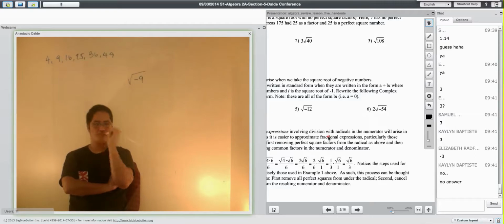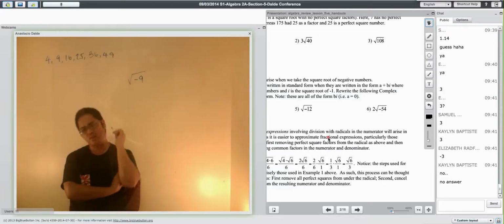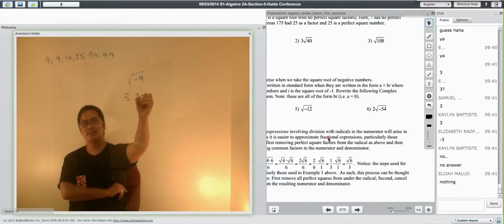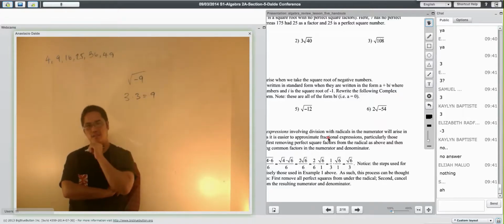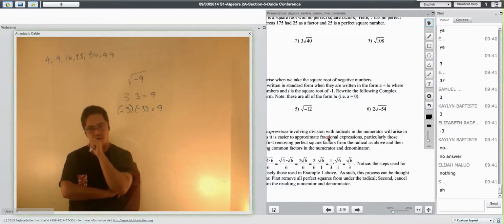And Kaylin's refusing to answer. But actually, Kaylin's correct in this case. Because what I'm asking you is, what times itself is equal to -9? Now, if I multiply 3 times 3, I'll get 9. If I multiply -3 times -3, I'll get 9. So there is no number. Okay, fine.